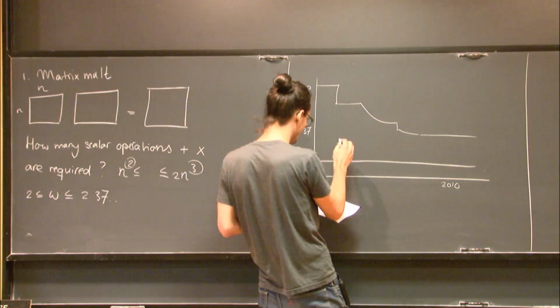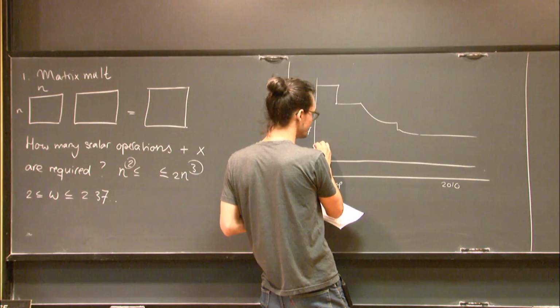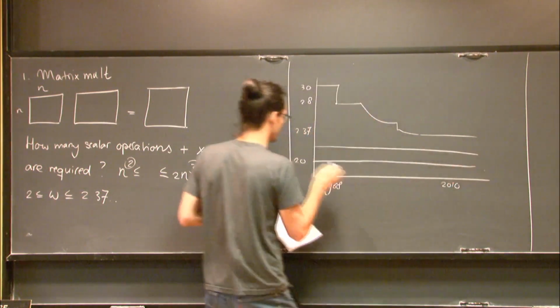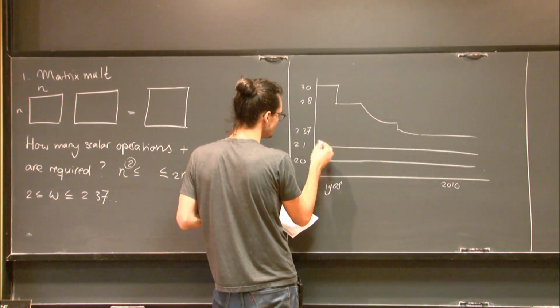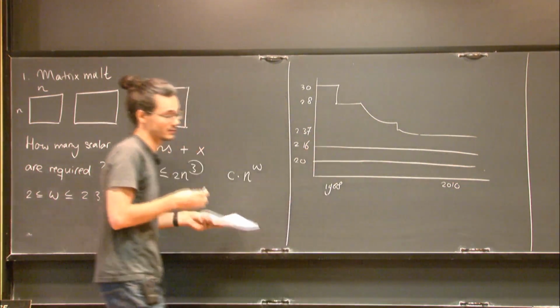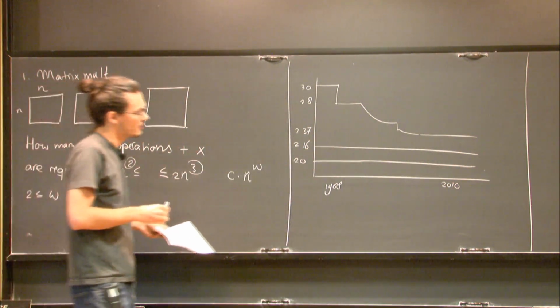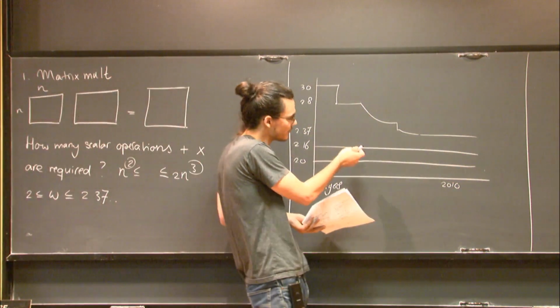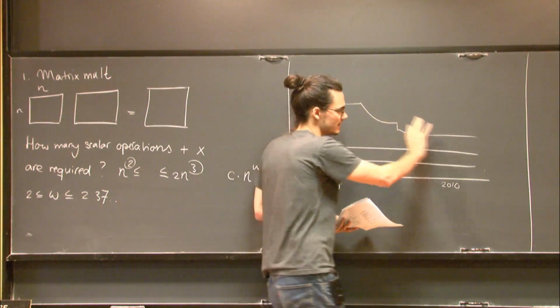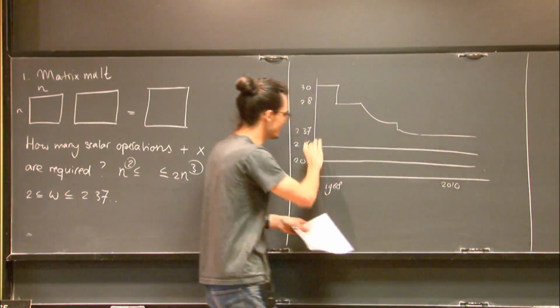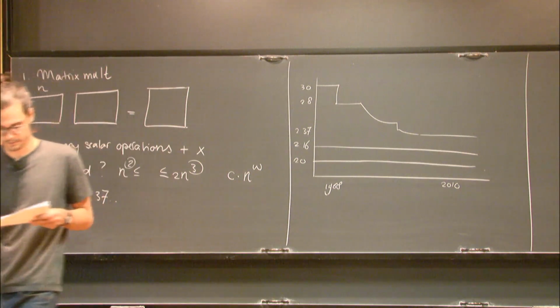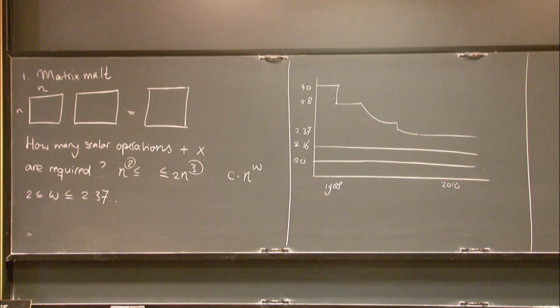Yeah, so we're going to prove a barrier, like 2.16. Depends a bit on what methods you consider. So it says that if you use the methods that have been used for these upper bounds, then you cannot go below 2.16. So this is a barrier.